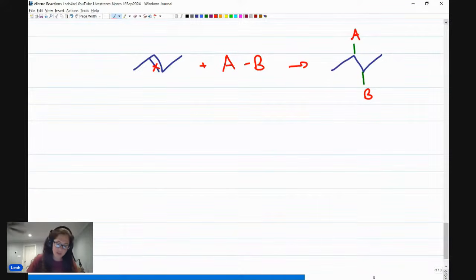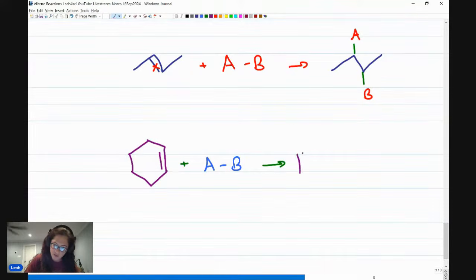Now in this molecule, you can't tell that there's a difference because I didn't give you stereochemistry, and therefore everything just looks flat. But if I show this on a ring, where the ring prevents the molecule from rotating, it locks all the bonds in place. If I do the same thing, where I add A and B across the pi bond, my product can be one of 2 different molecules. So let's draw 2 rings.